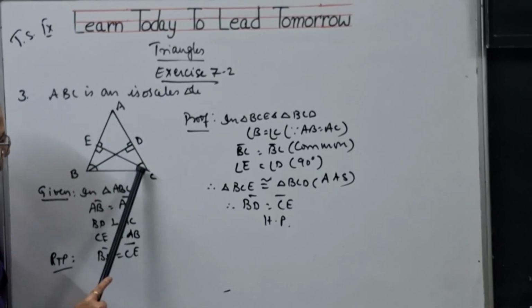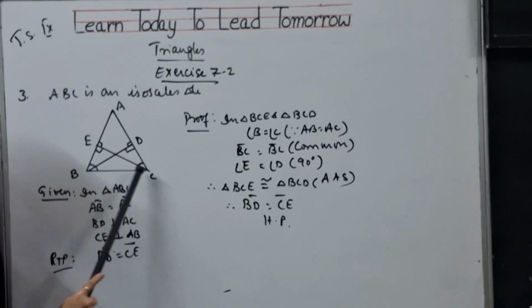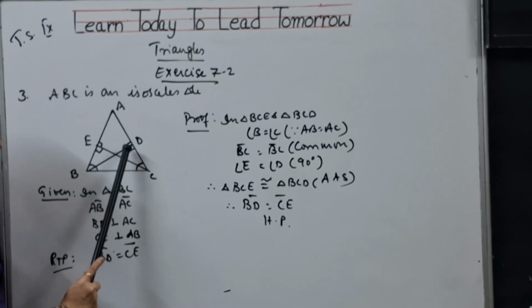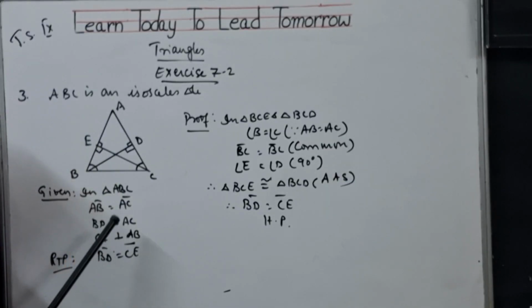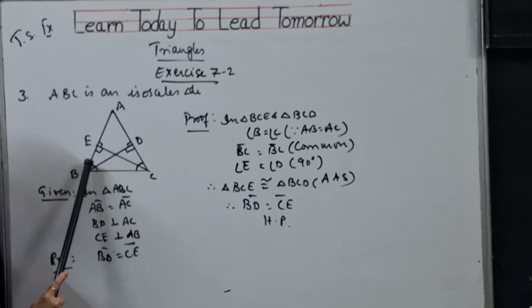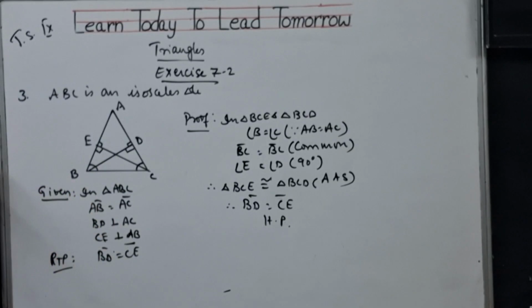In these, angle B is equal to angle C because AB is equal to AC. And BC is equal to BC, common for these two triangles. Angle E is equal to angle D, 90 degrees. Therefore, these two triangles are congruent basing on angle, angle, side property. When these two triangles are congruent, BD is equal to CE. This is the proof for this problem, children. Please note it down.